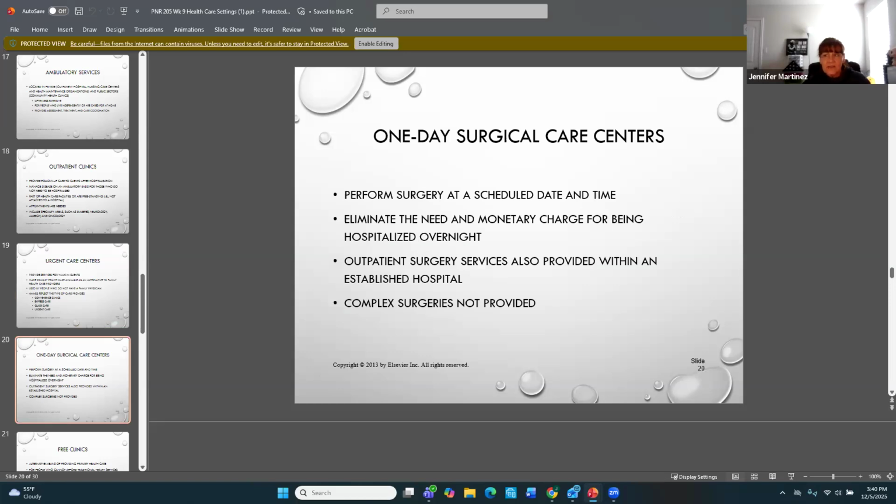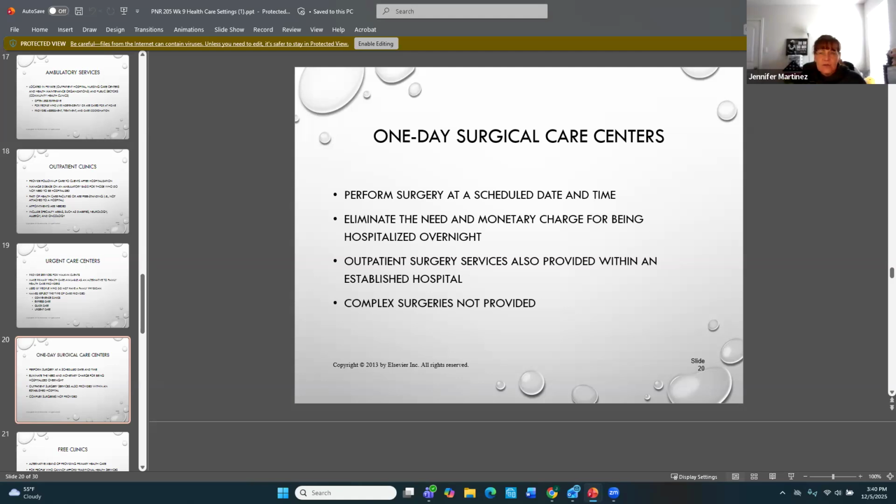One-day surgical care centers, or your ambulatory surgery centers. They do surgeries at a scheduled date and time. So if you need to have outpatient surgery, you may go to an outpatient surgery center or an ambulatory surgery center.